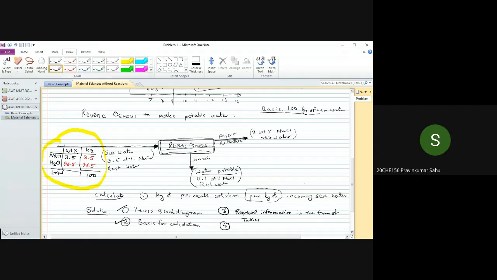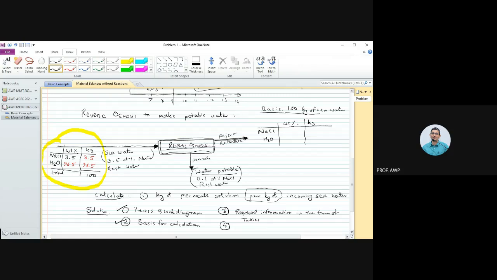Yes, sir. Same way, we will make a table for this reject stream. Okay, let me just rub this out so that I have some place. The reject stream again is going to contain sodium chloride. It is again going to contain water. What information do we know in terms of weight percent, in terms of kgs?